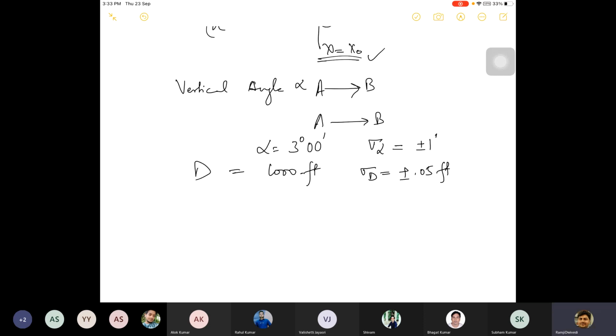So one is vertical angle, another is slope distance D from A to B observed as 1000 feet with sigma D as plus minus 0.05 feet. Now what you need to do, you need to tell me the horizontal distance to that vertical pillar and its standard deviation.